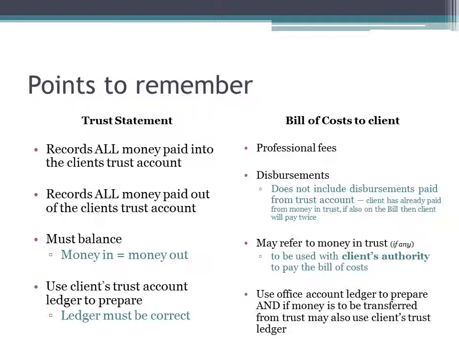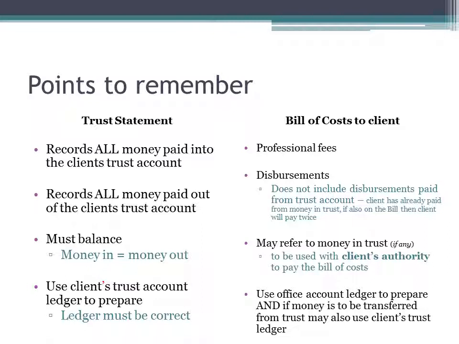Now, importantly, if there has been money in the trust account and that money has been used with the client's authority to pay disbursements, then those disbursements don't then appear on another document, namely the bill of costs, because the client's money has been used to pay that disbursement and they don't get charged a second time by it being included in the bill of costs.